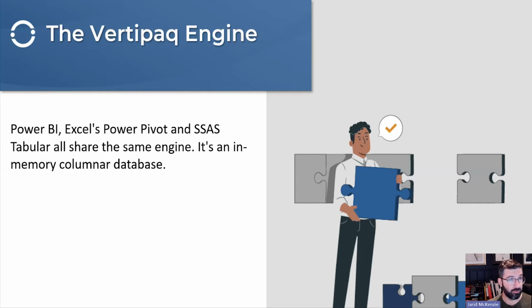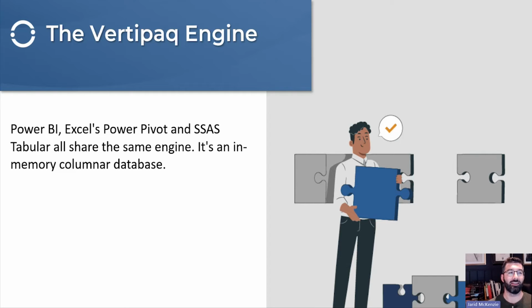Power BI itself, the standalone product, SQL Server Analysis Services tabular mode, and any of the Azure Analysis Services or Power BI Premium models also use the same underlying engine to perform these types of calculations.